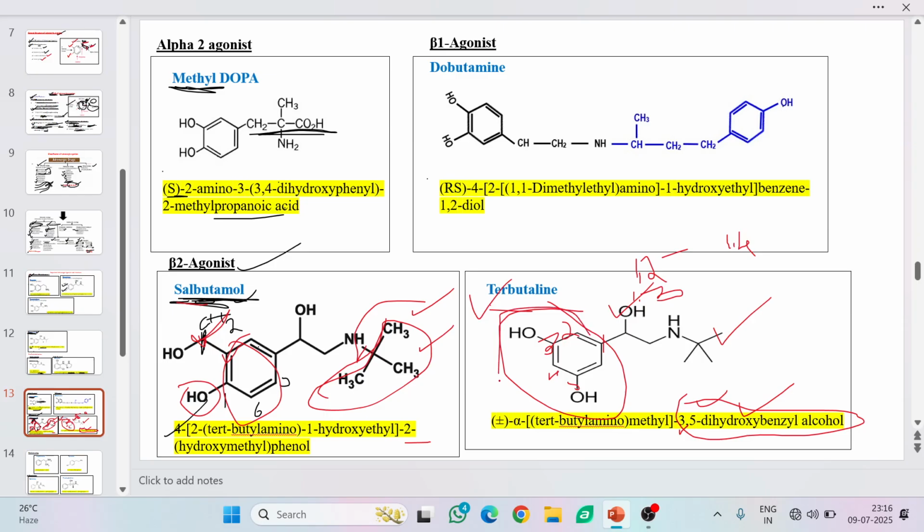If you consider this benzene ring alone, then this is the 1,3 position. If you isolate the benzene, it comes at the 1,3 position, and if you look at the whole structure, it is the 3,5 position. So depending on this, you can identify. It is very simple.